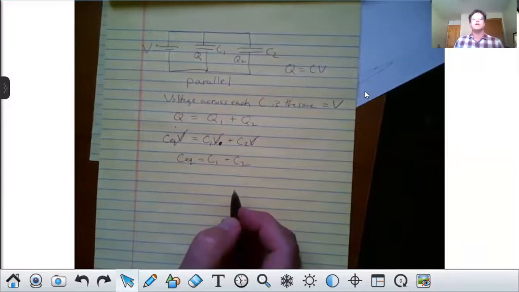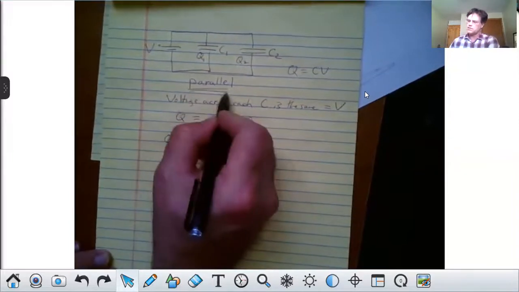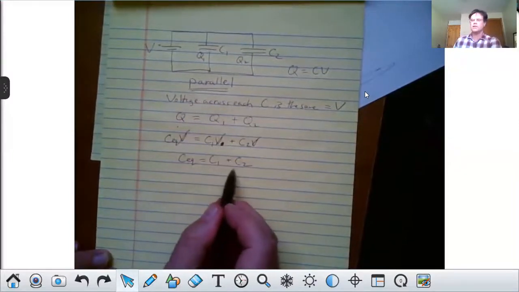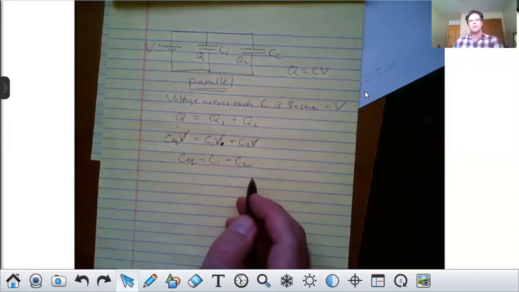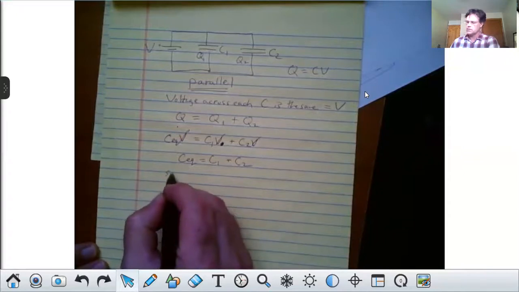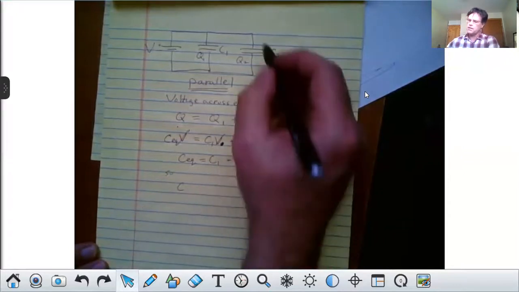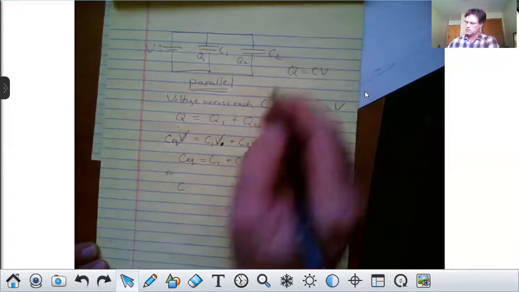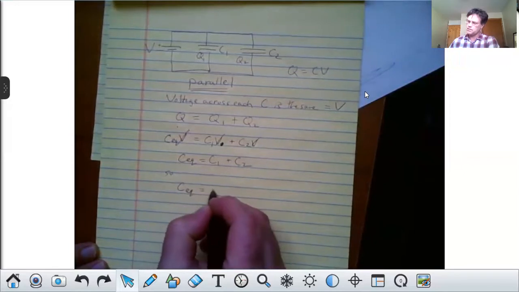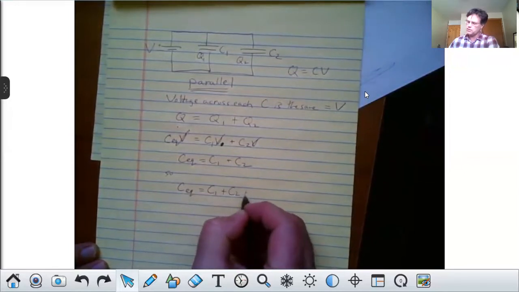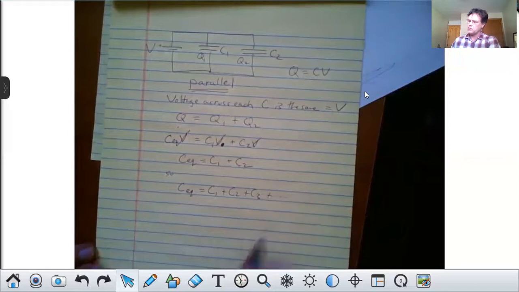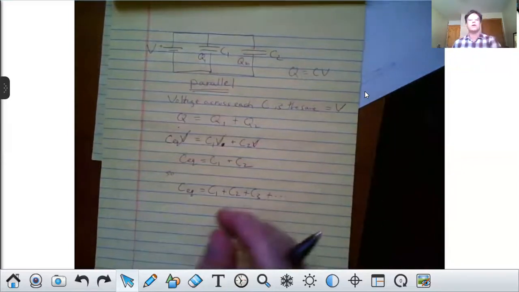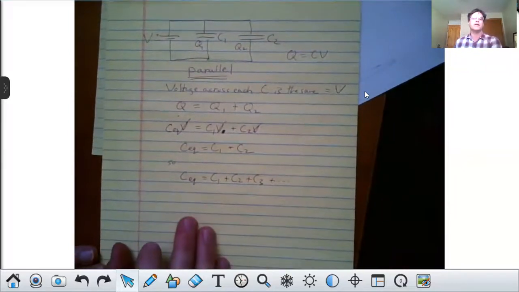So when the capacitors are in parallel, to get the equivalent capacitance, you just add all of the capacitors that are in parallel with one another. If I had a third one, maybe I made a third loop here, I'd have an equivalent capacitance equal to C1 plus C2 plus C3. And of course, I could keep on adding more and more in parallel if I like.